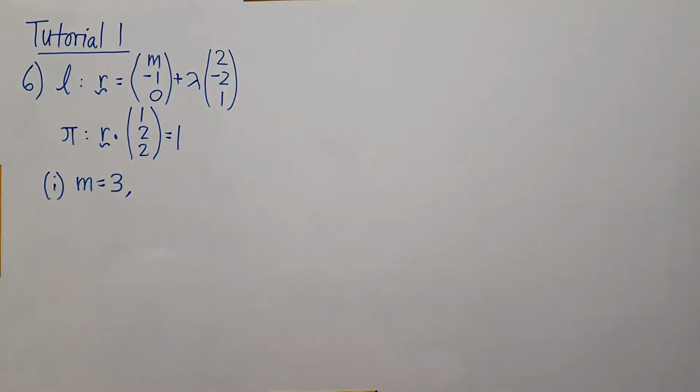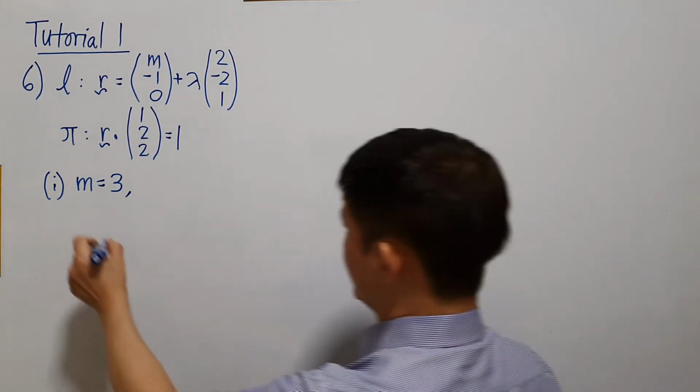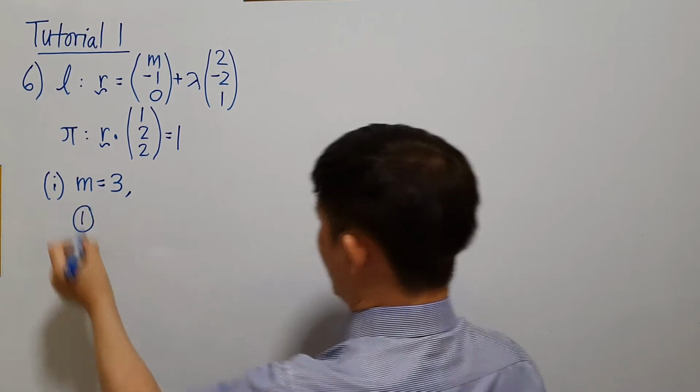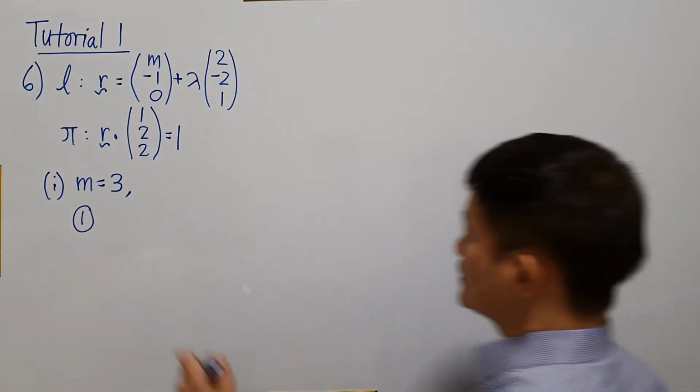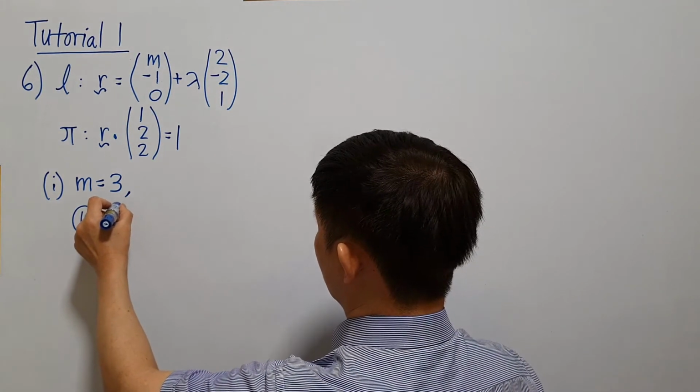So if m is 3, you want to show that this line L lies on the plane. How am I going to do it? I'm going to do this in 2 steps. Firstly, I will show that the line L is parallel to the plane pi.